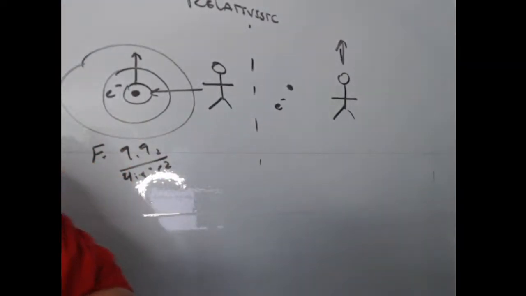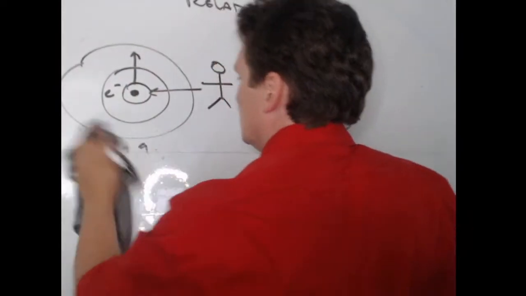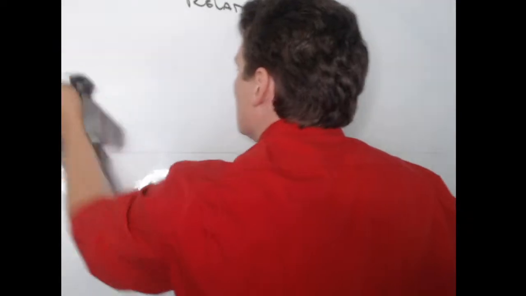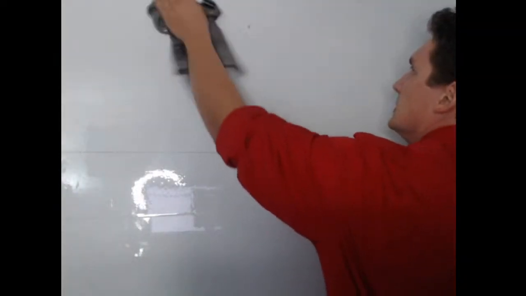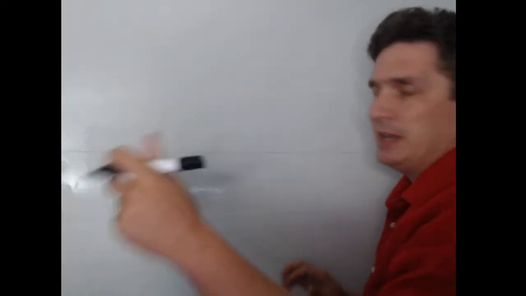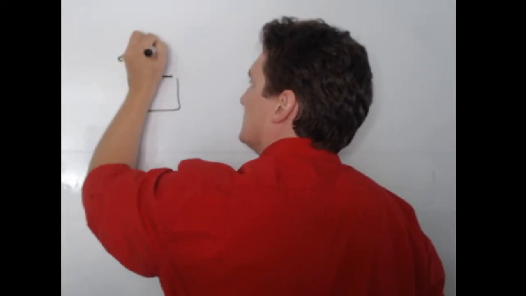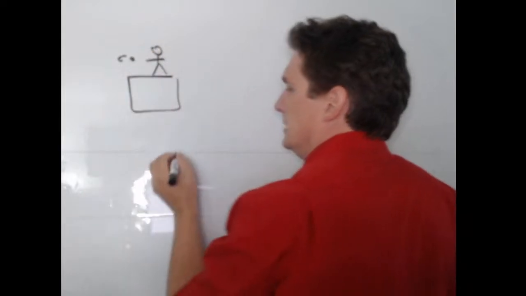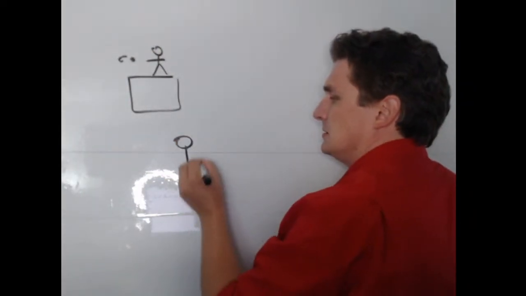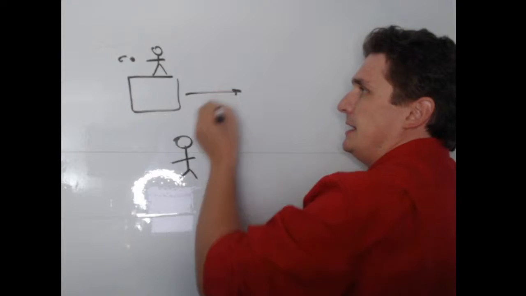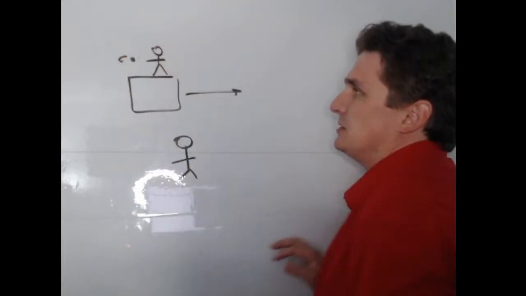And to kind of illustrate this point, let's say we had the person and the electron sitting on a block, and we have a second observer here who's stationary. As the block moves, these two don't change their distances to each other.